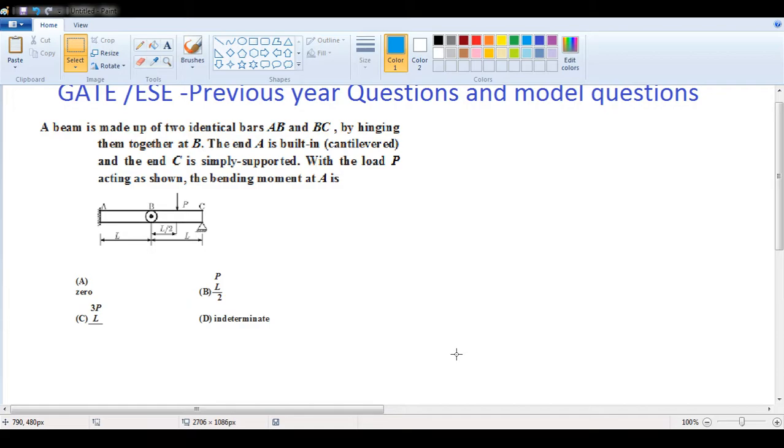Here it is telling a beam is made up of two identical bars, AB and BC. So this is A, let me write it again.